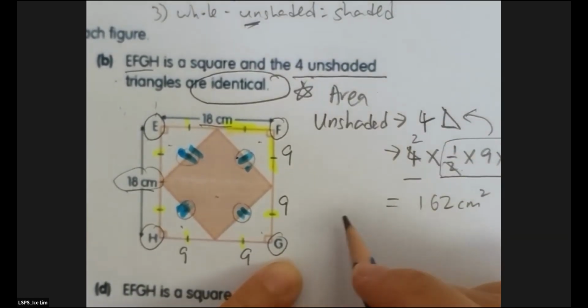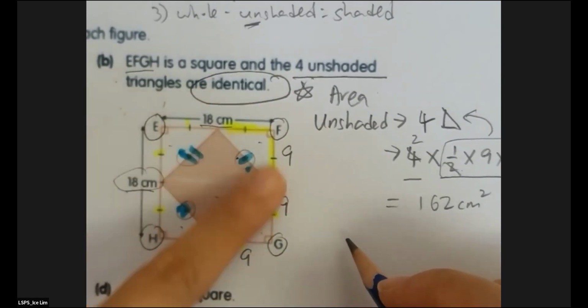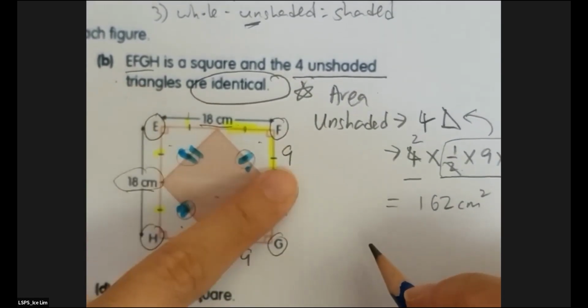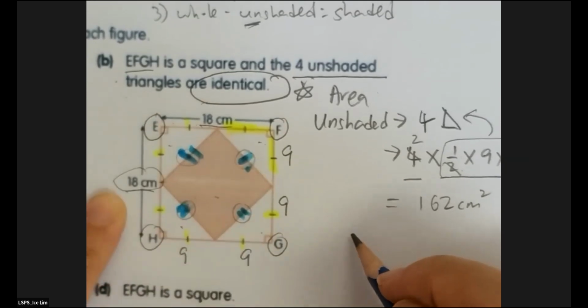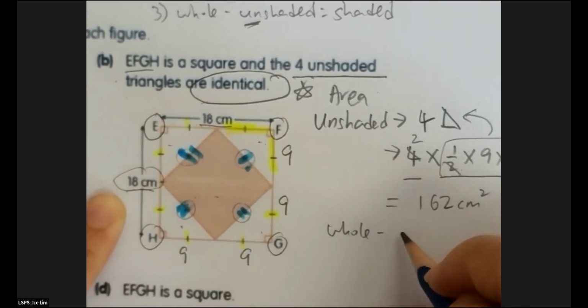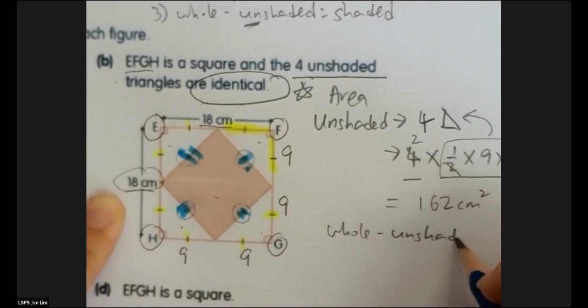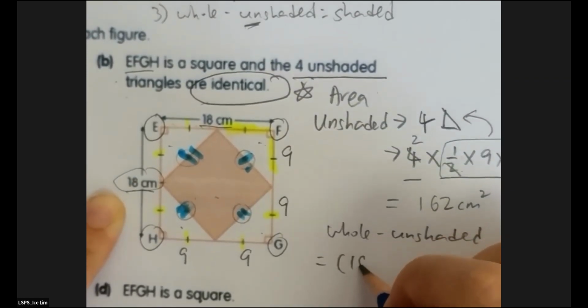And then I can use the big square minus the triangles. So the big square minus the unshaded, it will be 18 times 18.